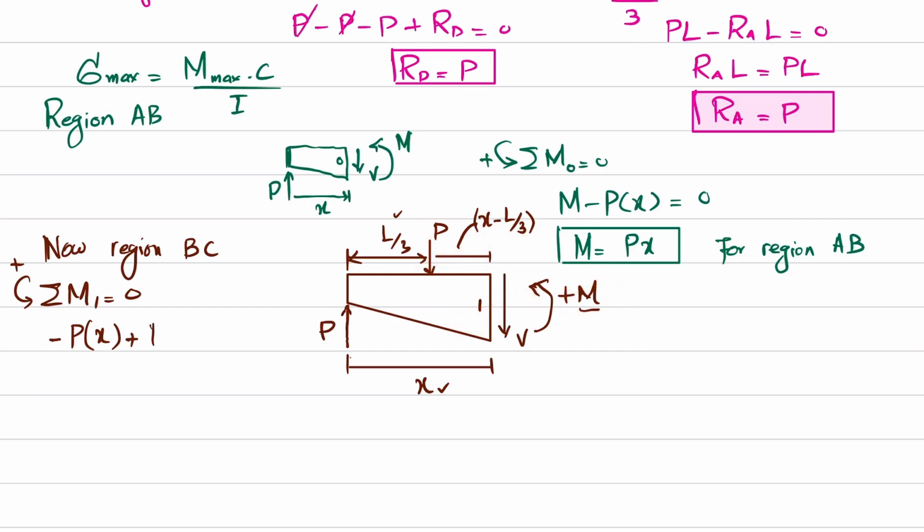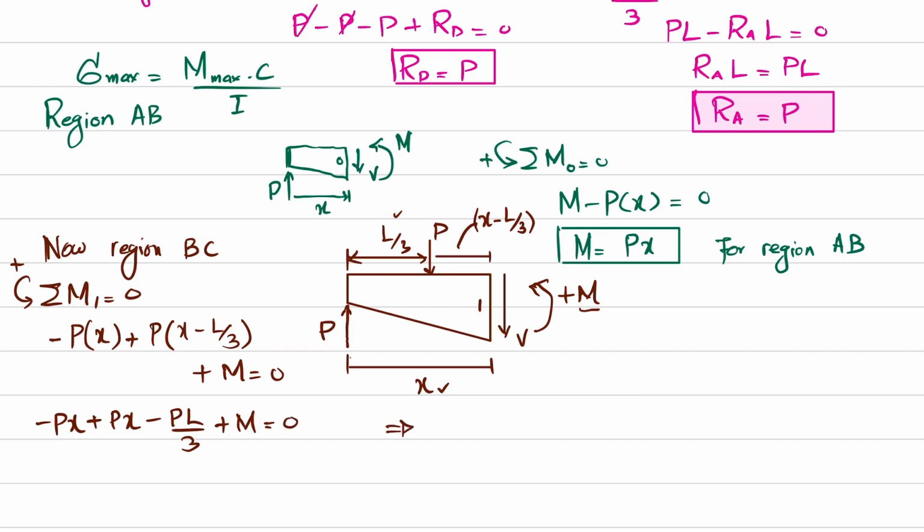So I will write plus P into X minus L by 3 plus this external moment M is equal to 0. So minus Px plus Px minus PL by 3 plus moment is equal to 0.